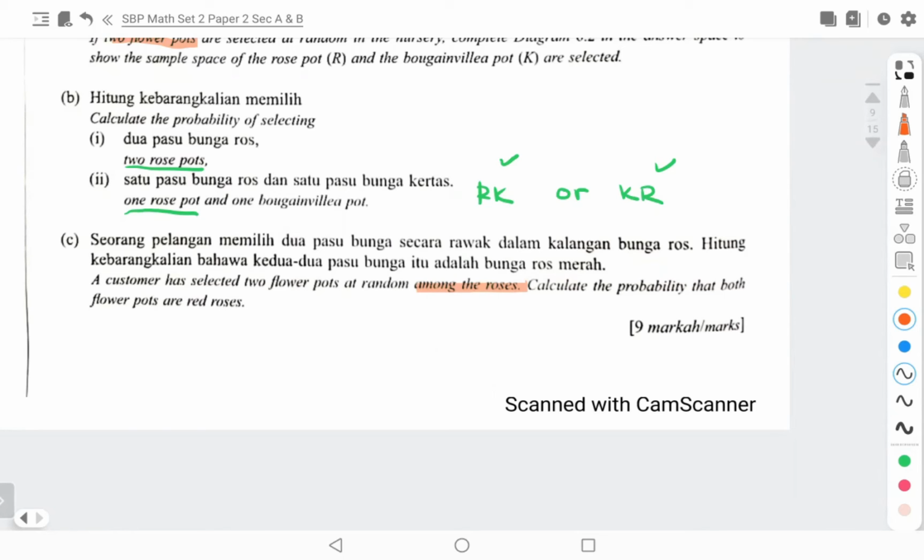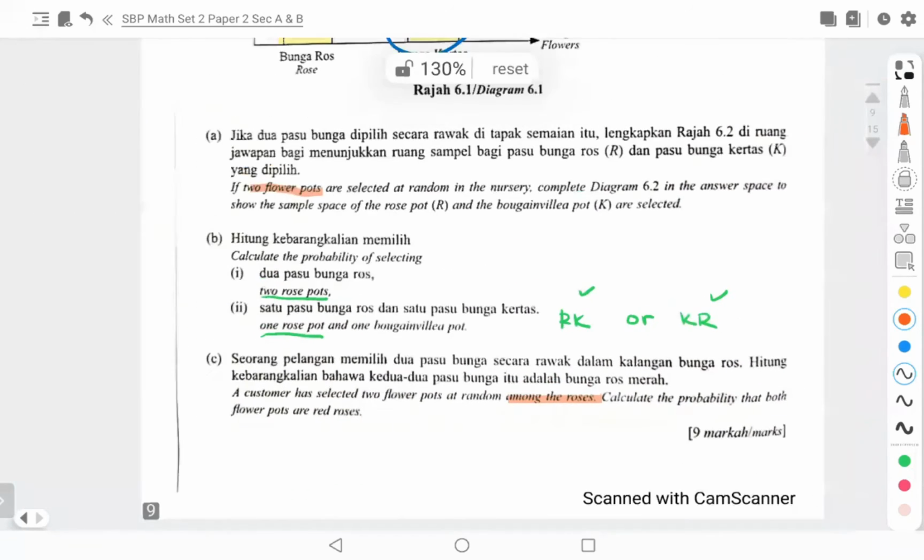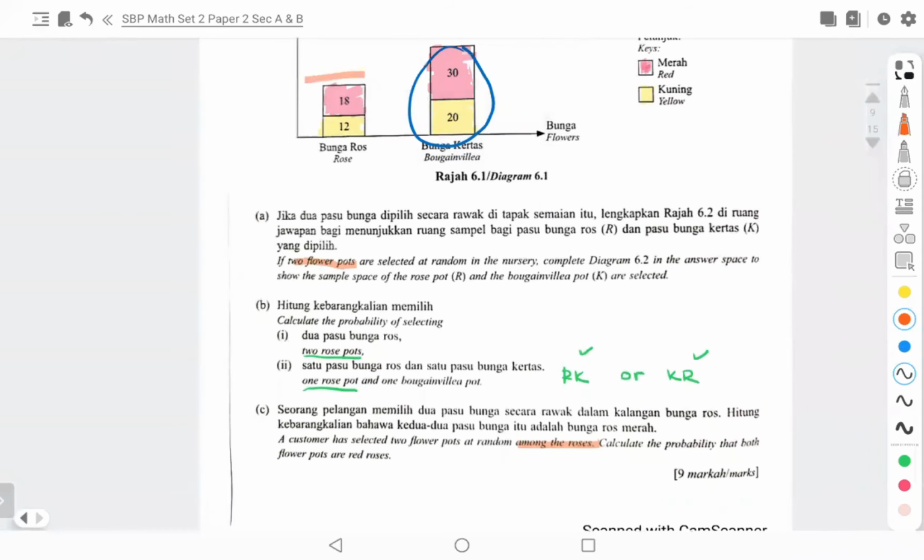You cannot use the tree diagram already, because according to the tree diagram, the first one can be rose and the second one can be bougainvillea. Now the condition must be among the roses only. So you go back to here and focus at this part only: rose and then rose. This is the condition.